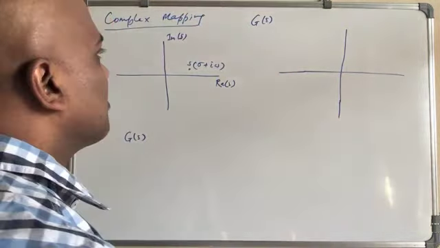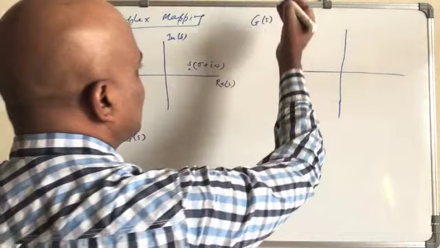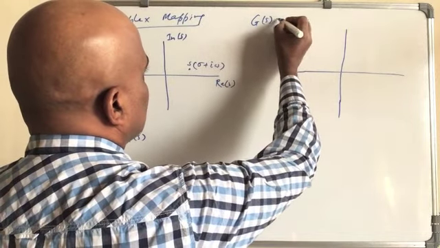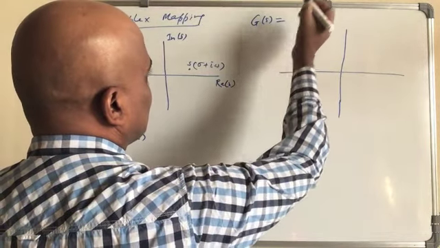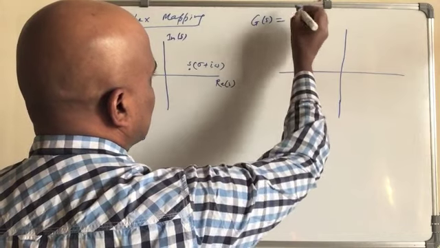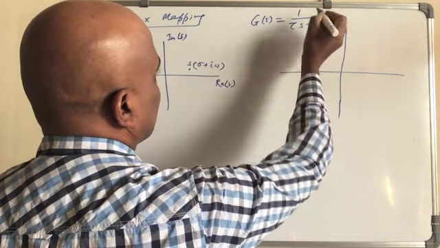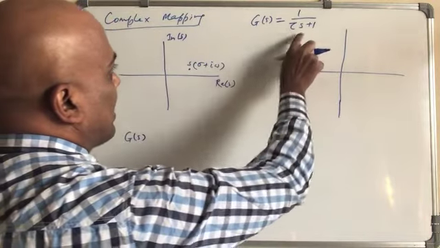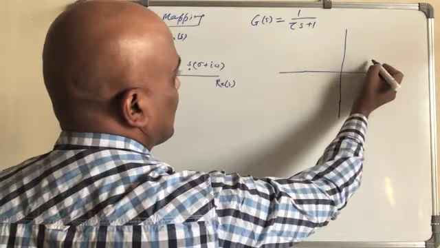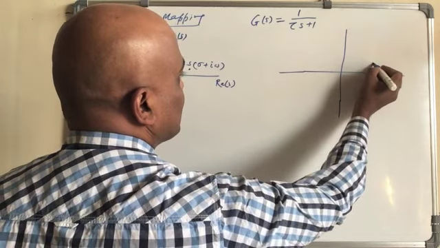We can have any function, right? So in a first order system, for example, we have 1 over tau s plus 1. And accordingly our value is at this point.